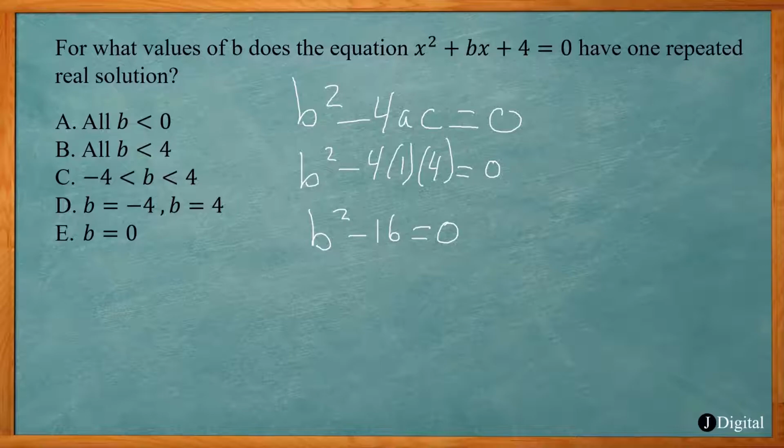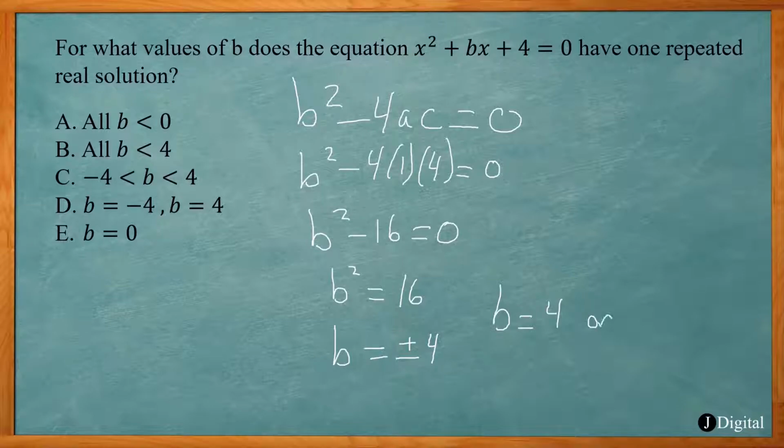I add 16 to both sides, which gives me b squared equals 16. If I take the square root of both sides, b will equal plus or minus 4. So b equals 4, or b equals negative 4. And that gives us answer choice D for the answer.